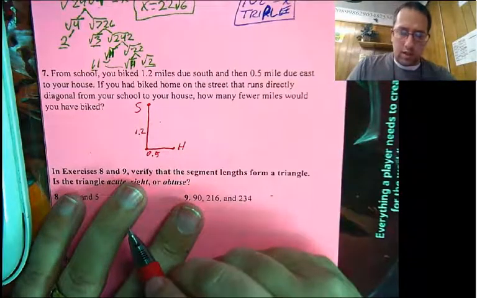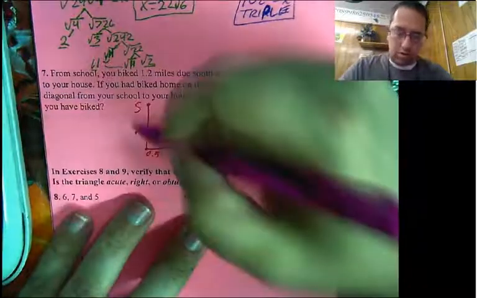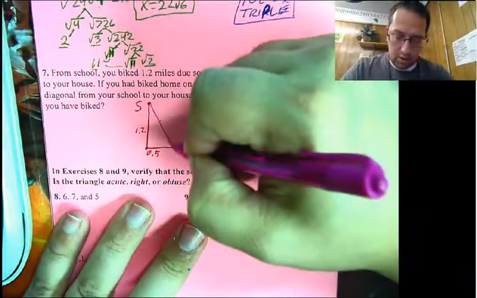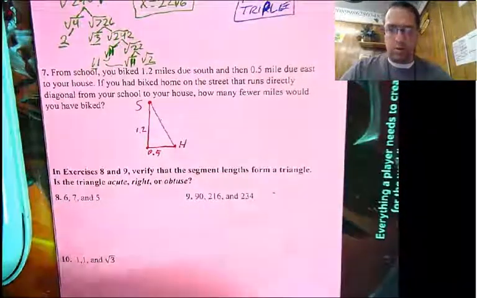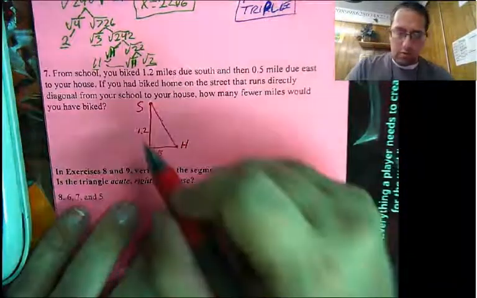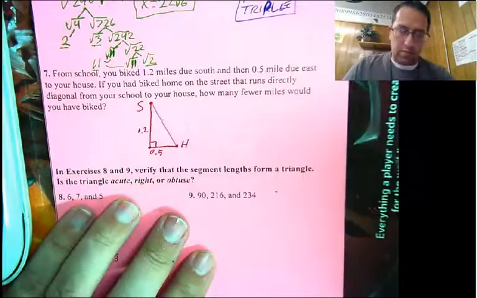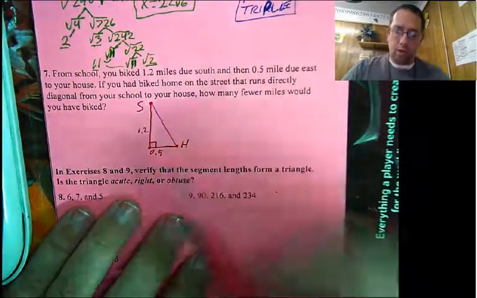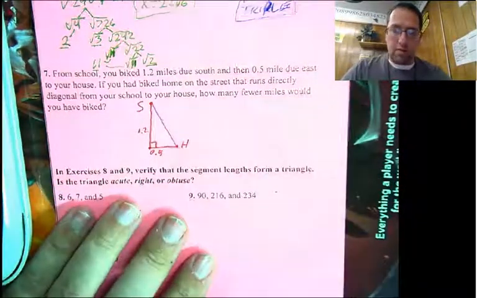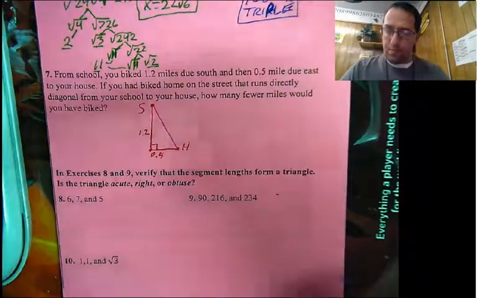And the question is, if we had gone down some other street that went straight from school to home, how many fewer miles would we have gone? Now, since we were going due south and then due east, that means we turned 90 degrees, right? Which means this is a right triangle. So we can figure out how many miles that is by plugging into the Pythagorean theorem.